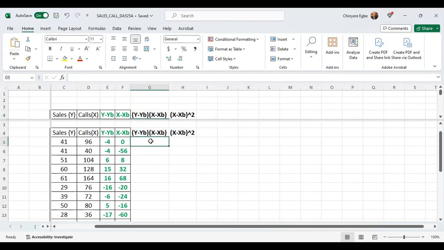Y minus Y bar times X minus X bar will be very simple: equals E5 times F5.